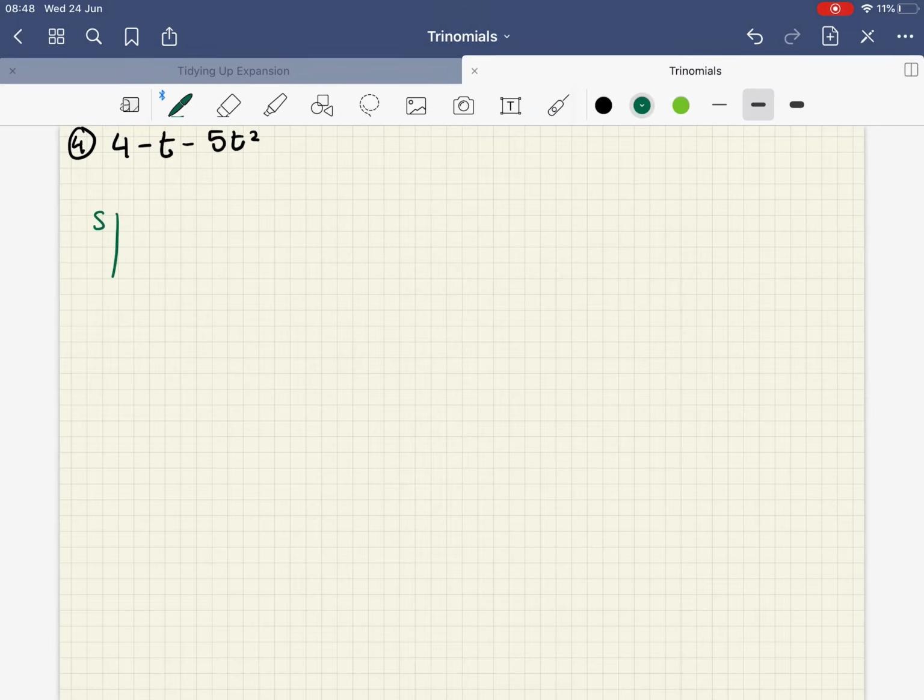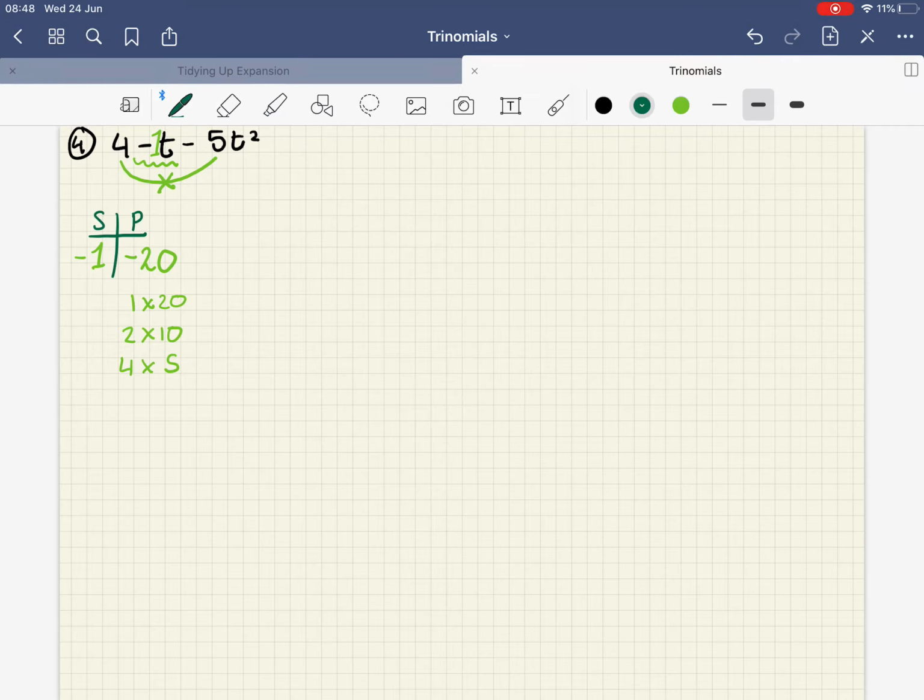So I'm going to set up my sum and product the exact same way as before. So my sum is going to be minus 1. My product, multiplying the front with the back, so 4 times negative 5 is negative 20. Things that multiply together to give me 20, 1 times 20, 2 times 10, and 4 times 5.